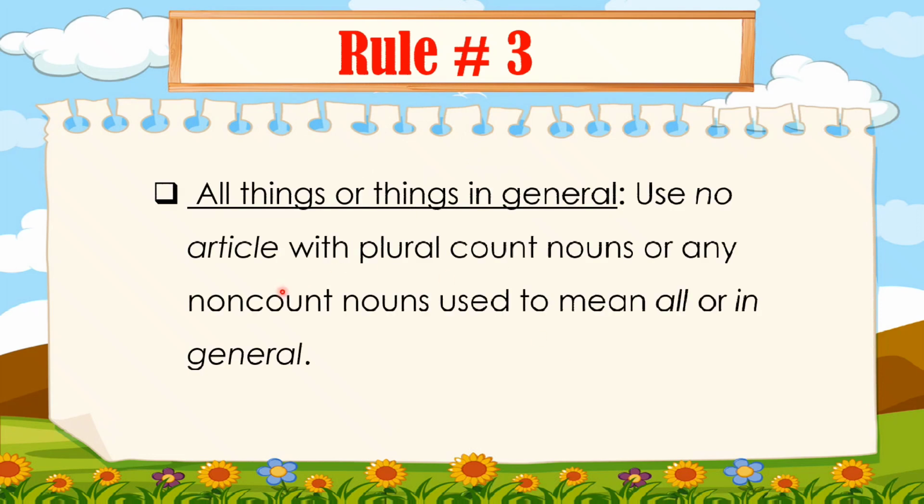Rule number 3, all things or things in general. Use no article with plural nouns or any non-count nouns used to mean all or in general. Again, when you are referring to things in general, do not use the article with plural nouns or non-count nouns.